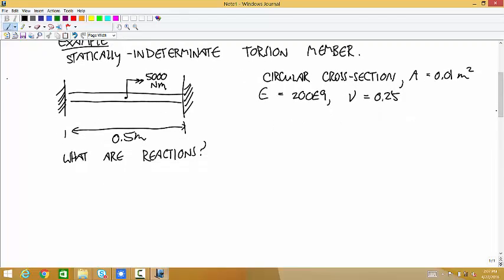And so the total angle of twist is equal to 0. In between the two endpoints, it can twist. But if you add up the total angle of twist from the left to the right, it has to be equal to 0.